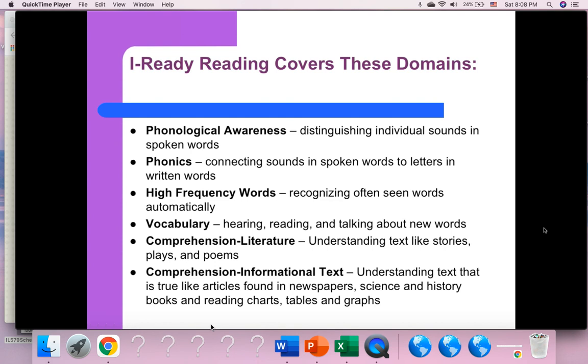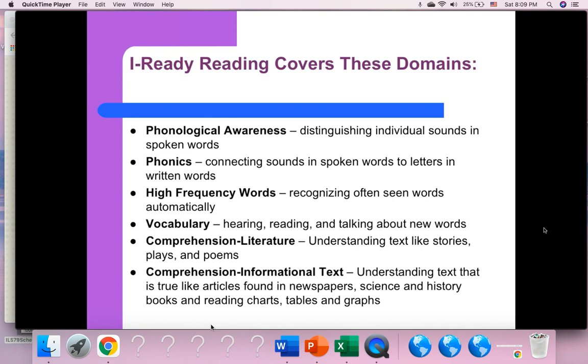3 at the top, the 3 bullets at the top, phonological awareness, phonics, and high frequency words, are things you probably remember from when your child was in elementary school. Phonological awareness is sounds and sound awareness, and being able to listen for sounds and create sounds and produce sounds. Most of our students tested out in phonological awareness at Davis Emerson, so that's awesome.